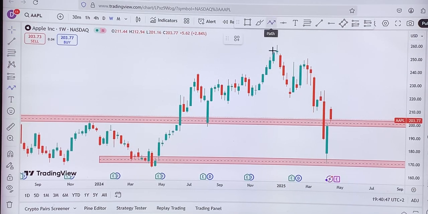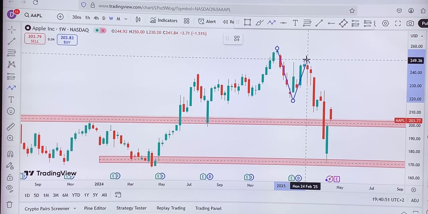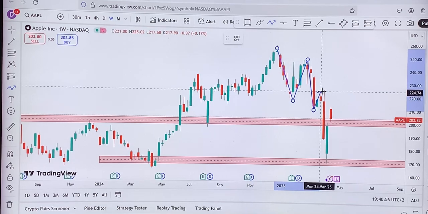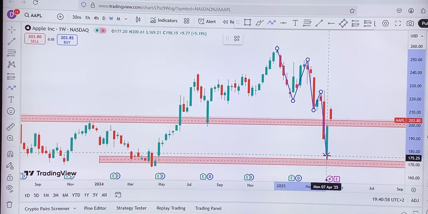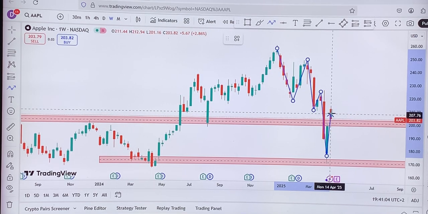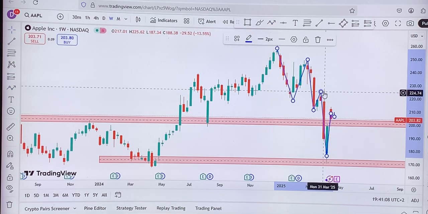So from the past: high, low, lower high, lower low, lower high, lower low. Okay, and a possible lower high. Why? Because it is not higher than this.